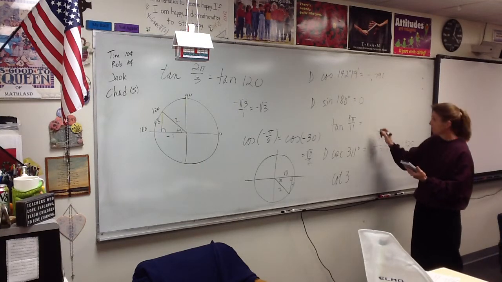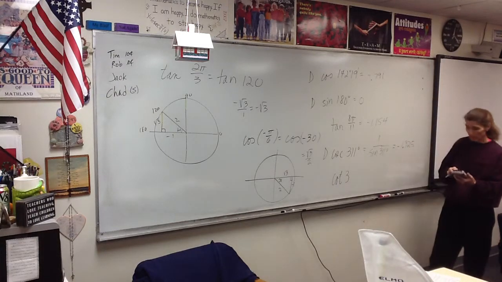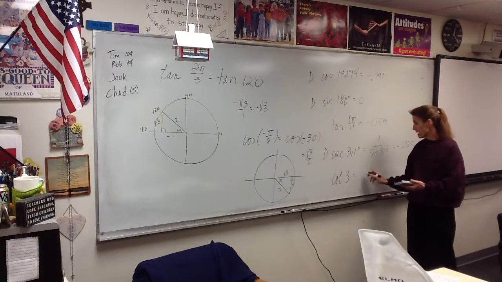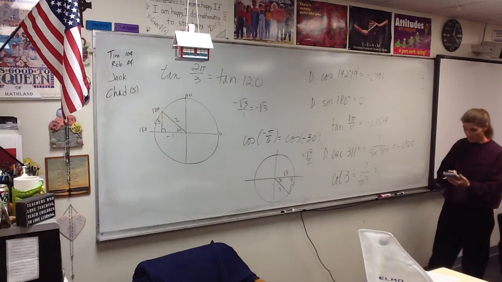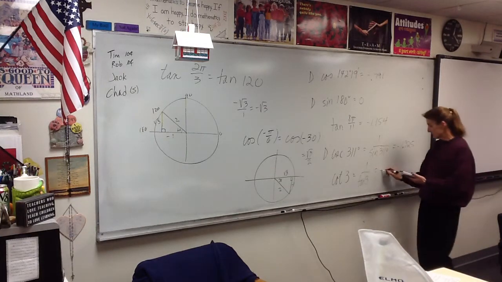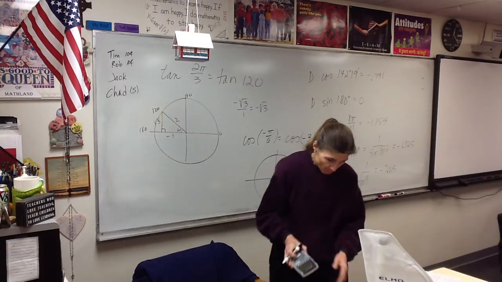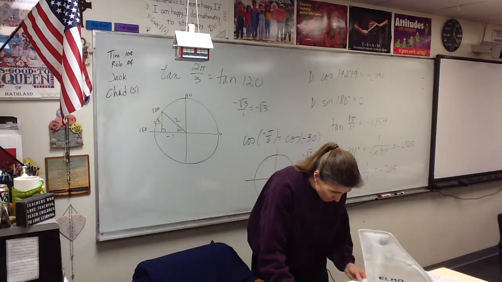So I end up with negative 1.154 as the tangent of 8 pi over 11. And then cotangent 3, well, this is just like the cosecant. I have to type 1 over the tangent of 3. 1 divided by tangent 3 is negative 7.015. Make sure I got those right when I did them before. Yep.